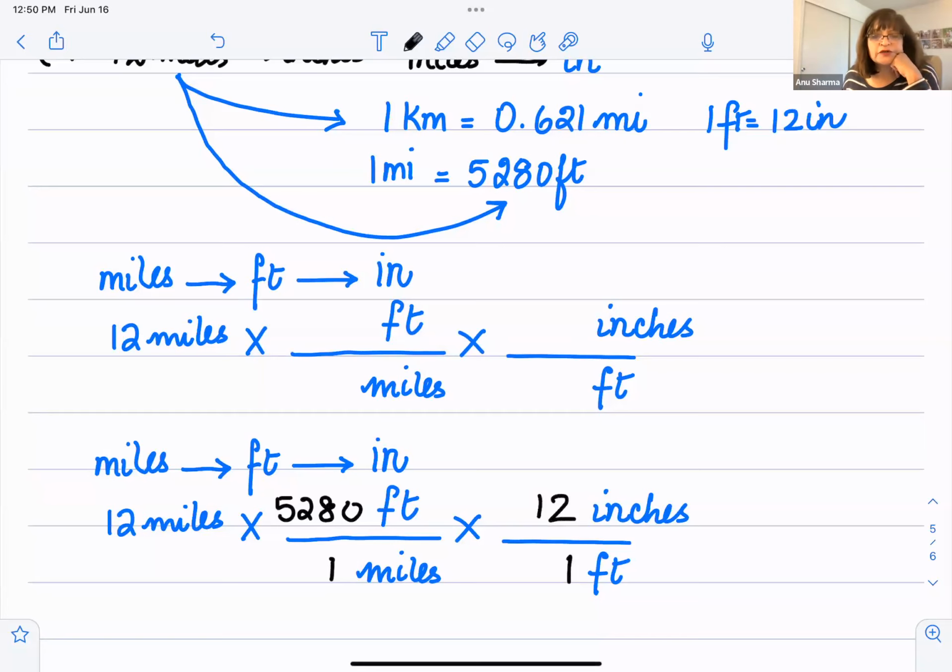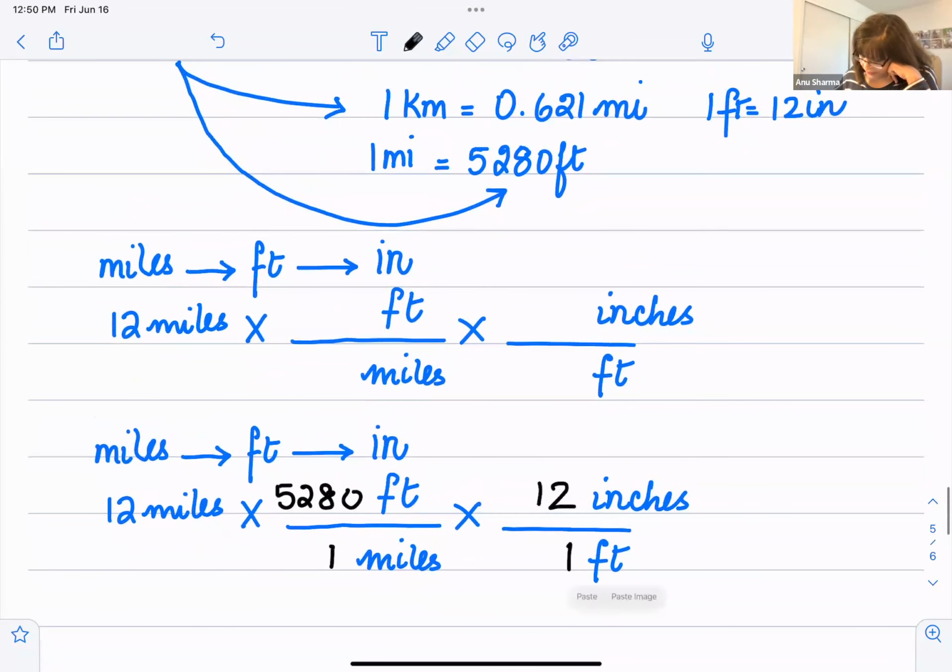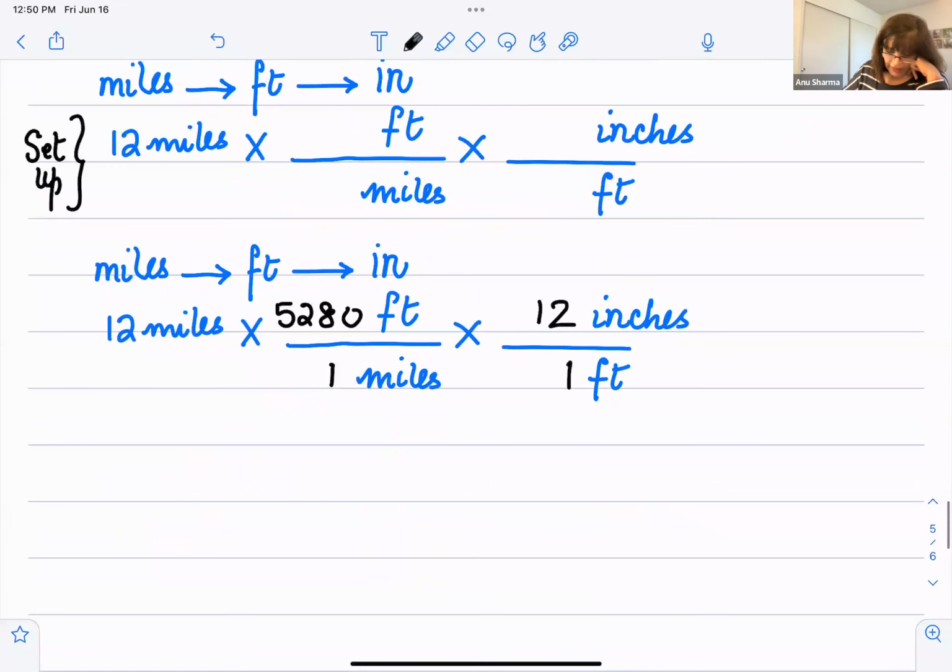So the rest is just the conversion factors coming from equalities. So this is the setup. Now we have 12 times 5280 times 12, divided by 1, divided by 1.